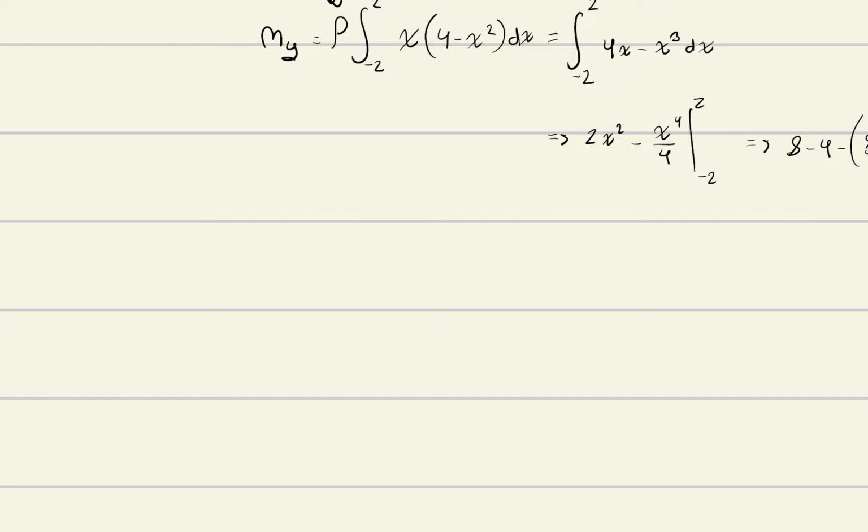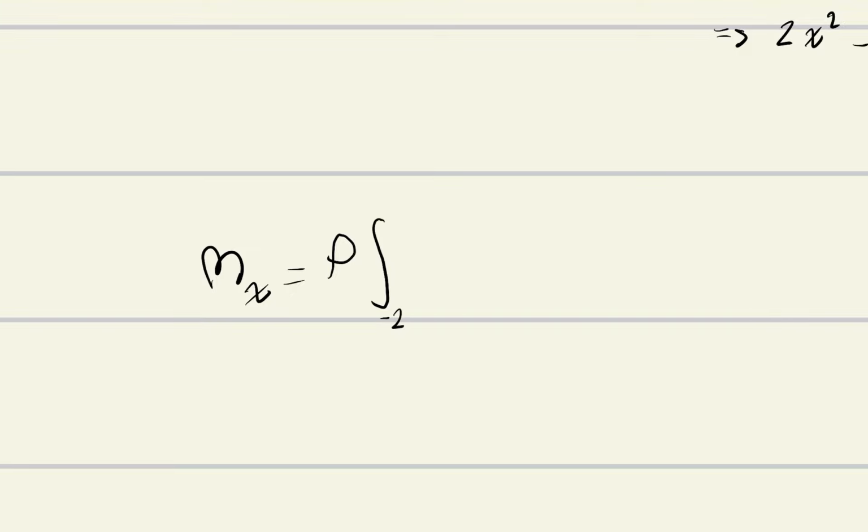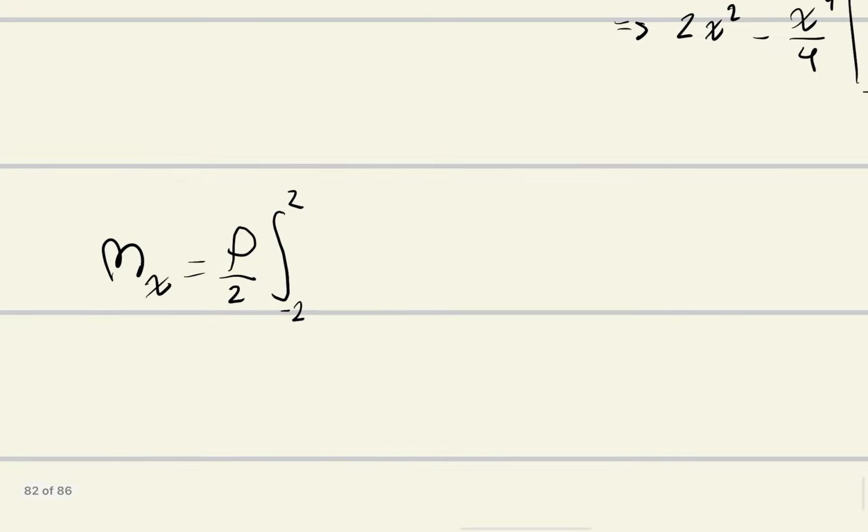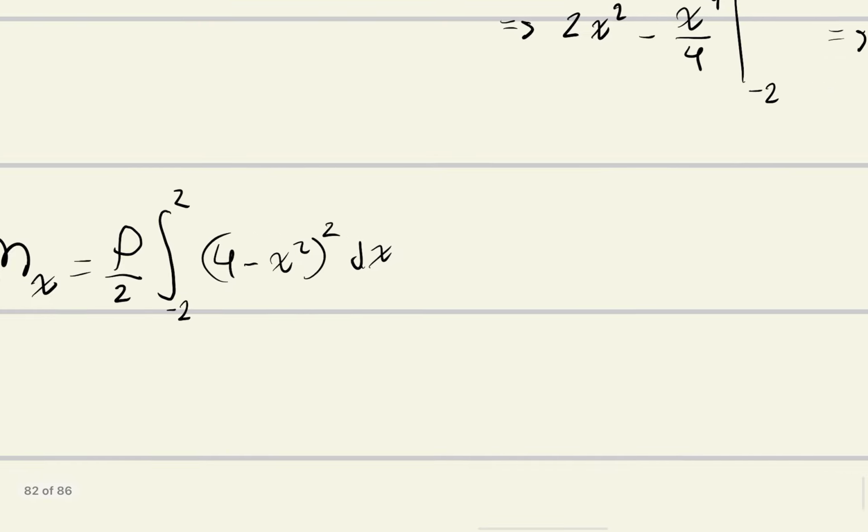Next we need to find mx. Mx is equal to rho times the integral from negative 2 to 2 times 1/2, so we can pull out the 1/2, of 4 minus x squared, squared dx.